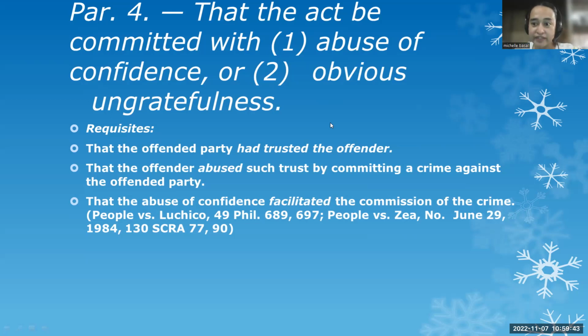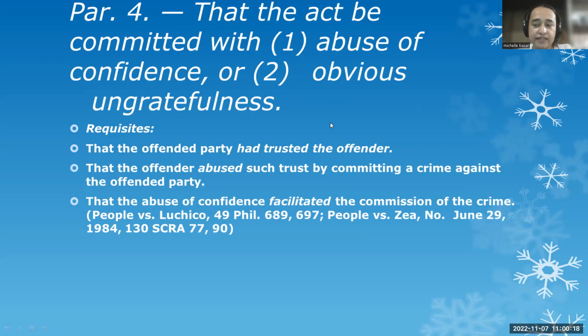If that domestic helper commits theft and steals the property of his or her employer, then he could be held liable for qualified theft, not just simple theft. It's going to be qualified theft because there is an aggravating circumstance under paragraph 4, that the act be committed with abuse of confidence because the employer trusted the domestic helper.